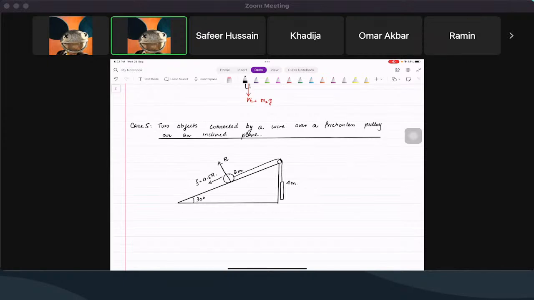Now, please understand that they have just said if the mass of the circle is 2m and the mass of the rectangle is 4m, calculate the acceleration.